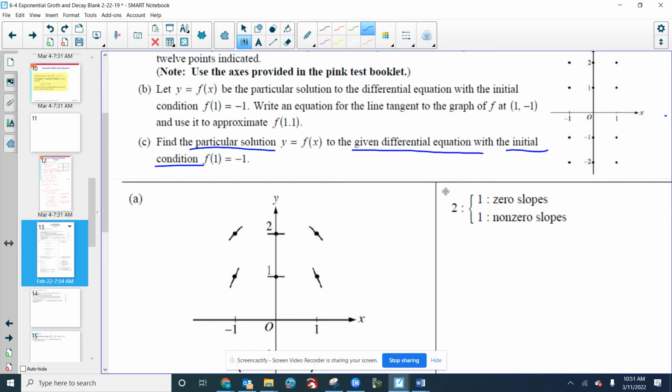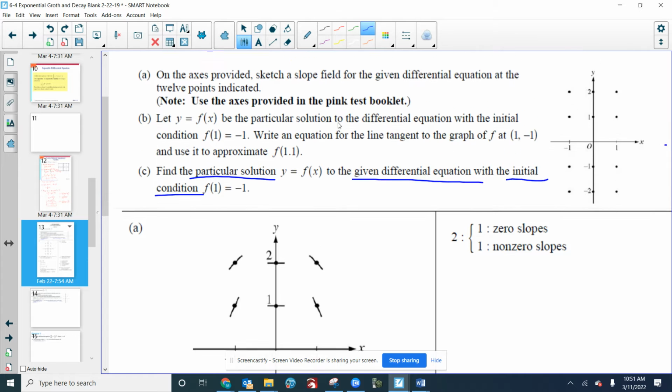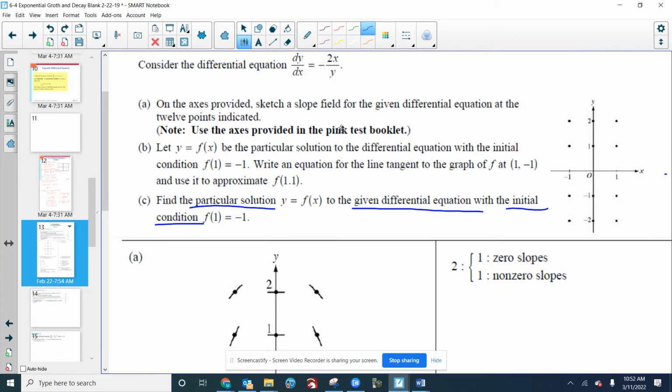Did you guys remember linear approximation? Some of you are like, math was made to be forgotten. All right. I bet you heard my voice saying the 2 things you need to write the equation of a tangent line. A point and a slope.